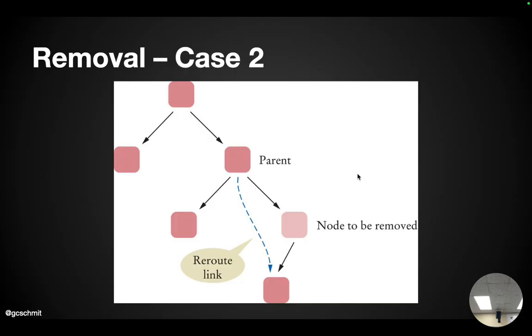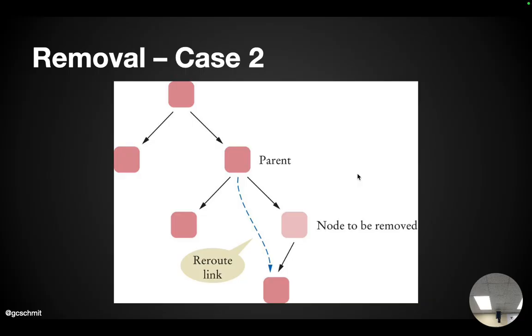Because if we want to get rid of this node but we don't want to lose the child, we can instead tell the parent, change your right child to refer to this node. So we get rid of this and we have the parent refer to here, which is the dashed blue line instead. So slightly more complicated than what we already coded, but not unreasonably so.